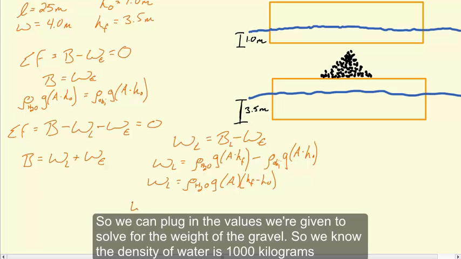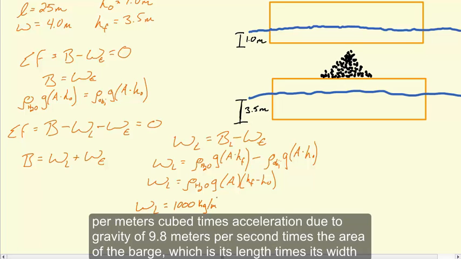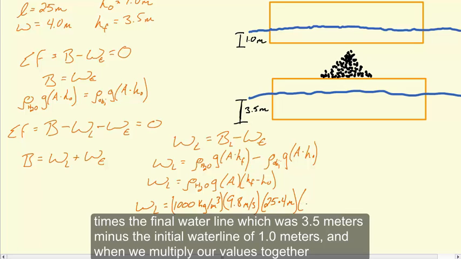So we can plug in the values we're given to solve for the weight of the gravel. So we know the density of water is 1,000 kilograms per meter cubed times acceleration due to gravity of 9.8 meters per second squared times the area of the barge, which is its length times its width, times the final water line, which was 3.5 meters, minus the initial water line of 1.0 meters.